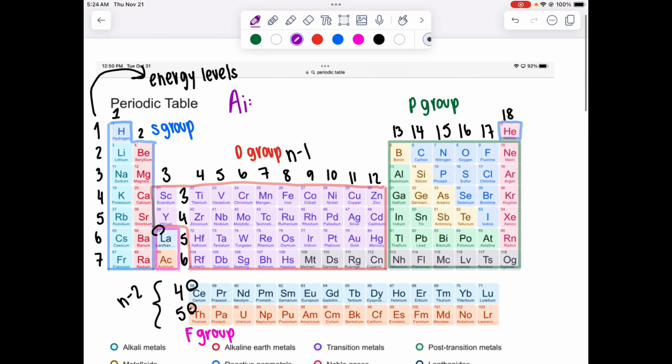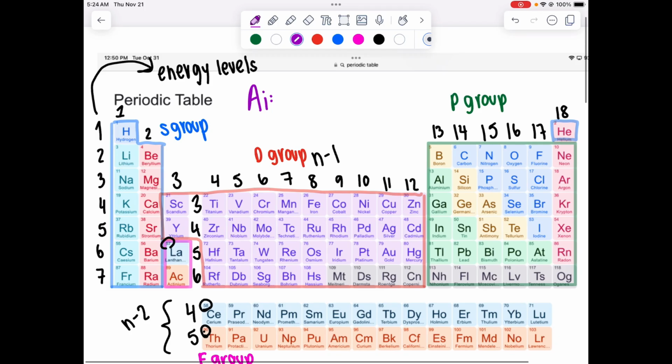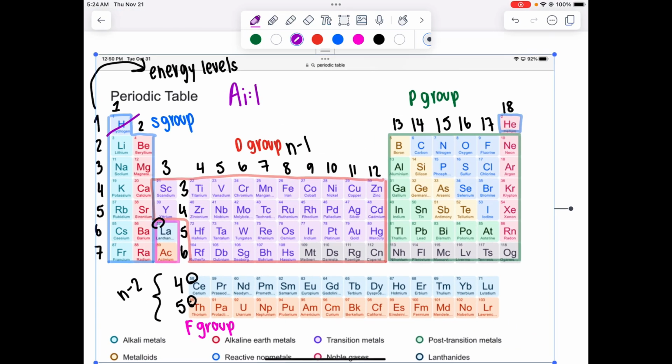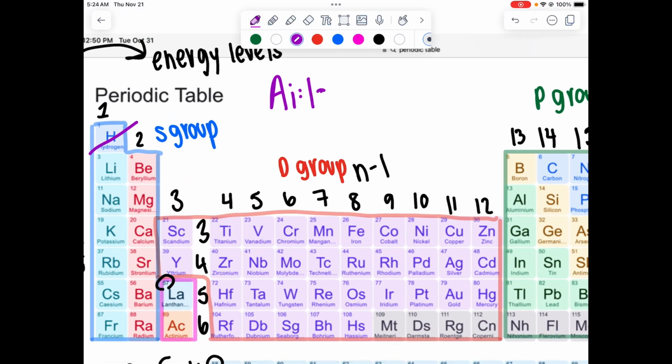Now to do this, we're going to use our periodic table. You see how this is row 1? So row 1, and since it's in the S group, I'm going to put 1S.